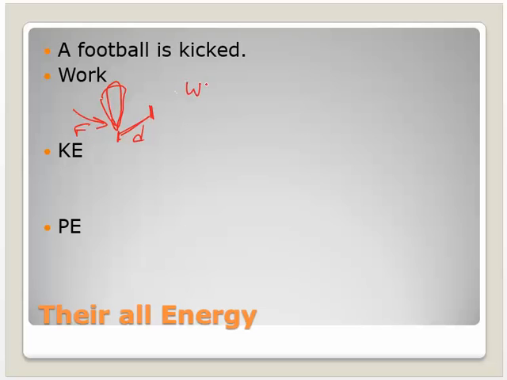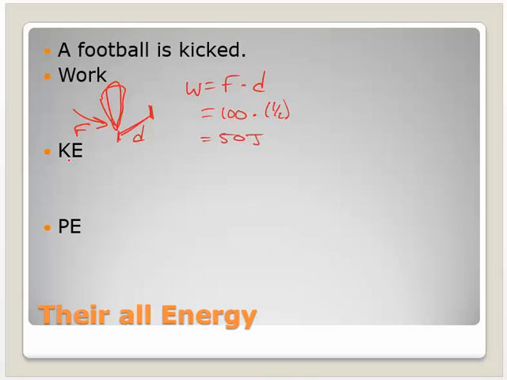So the work then is equal to the force times the distance. Right? The force that the foot kicked it with and the distance that your shoe or foot stayed in contact with the ball. And that's how much work was there. So let's just say you kicked it with a force of 100 newtons and you made contact for half a meter. So there was 50 joules of work.